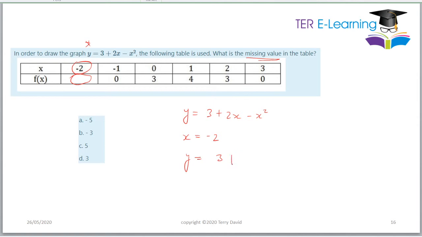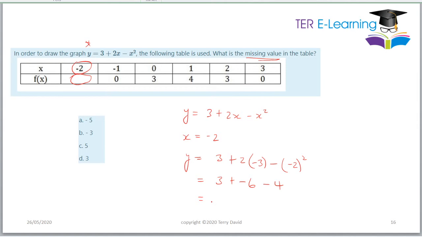So you're going to put 3 plus 2 multiplied by minus 3 minus, and you're going to put minus 2 squared. All we're doing is substituting here. So this is 3 plus 2 multiplied by minus 3, which gives me minus 6, minus 2 squared gives me plus 4. So this is 3 minus 6, which is minus 3 minus 4.